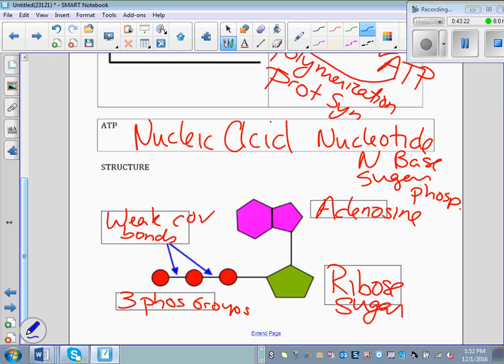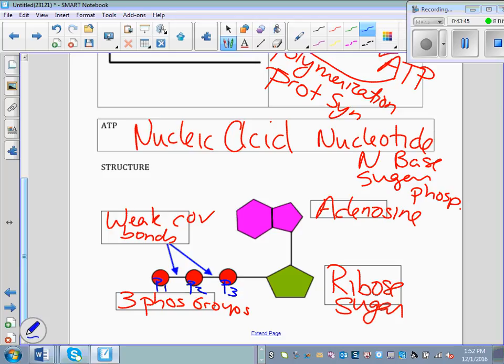So, when I break down ATP and I release a phosphate, what do I make? ADP. This is going to be my P1, my P2. What do you think this is? P3. I will admit, I almost wrote 4 there.